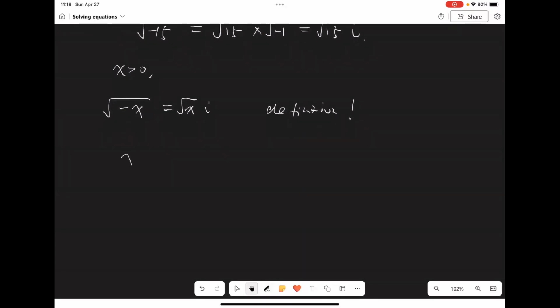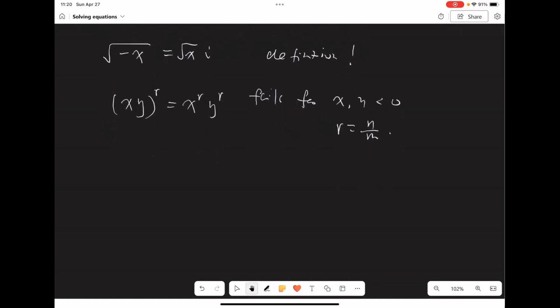For example, the general exponent rule (x times y) to the power r equals x to the power r times y to the power r fails for negative numbers x and y when r is a fraction. Otherwise, we would encounter a contradiction, shown in the following.